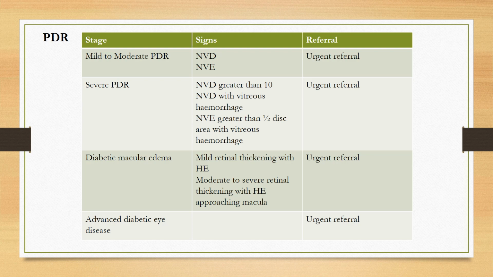Okay, so post diabetic macular edema, it is the advanced eye disease. There will be a lot of retinal detachment, you will be able to see vitreous hemorrhage, and there will be neovascularization over the retina.